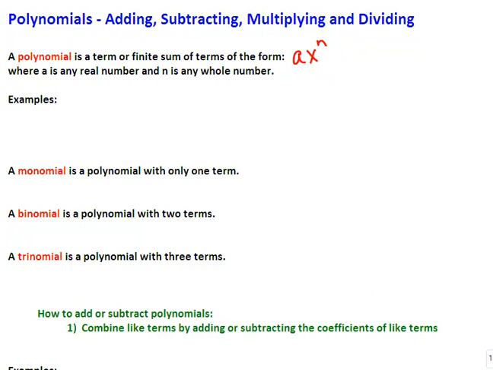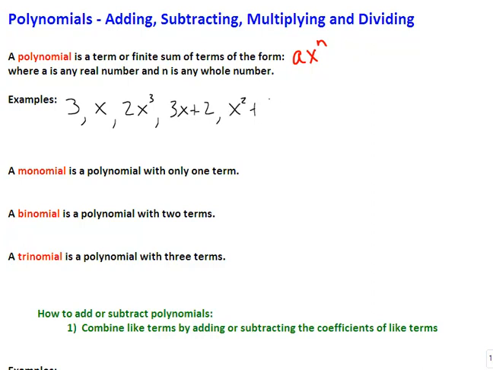So examples of a polynomial would include things like 3, just a constant. Constant is a simple polynomial. X is a very simple polynomial as well. 2x cubed would be a polynomial. 3x plus 2 is an example of a polynomial.